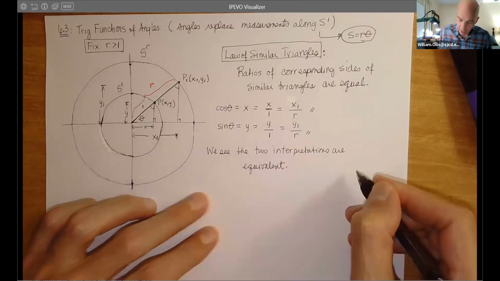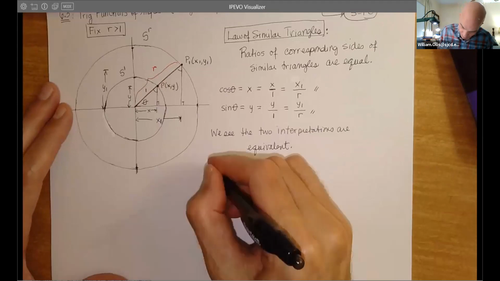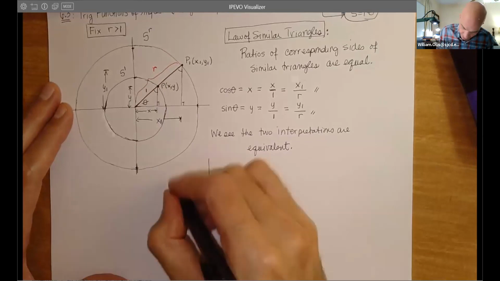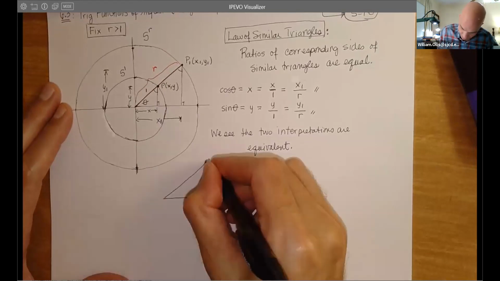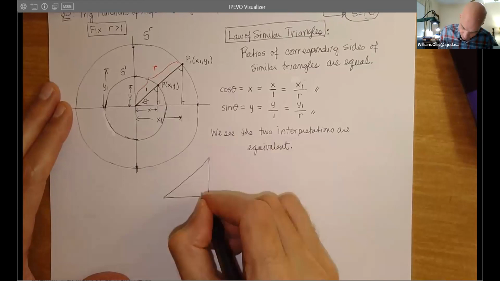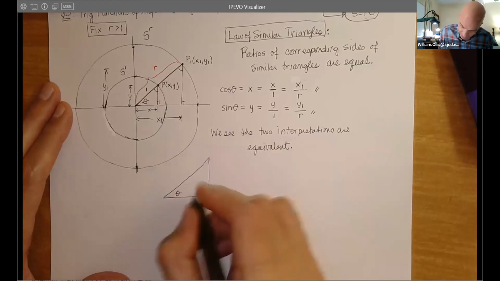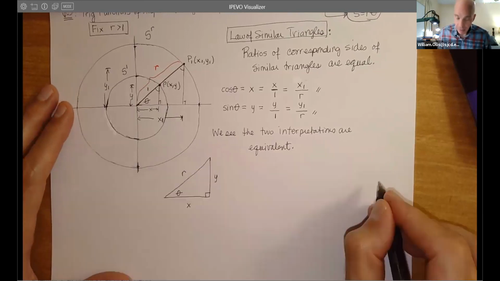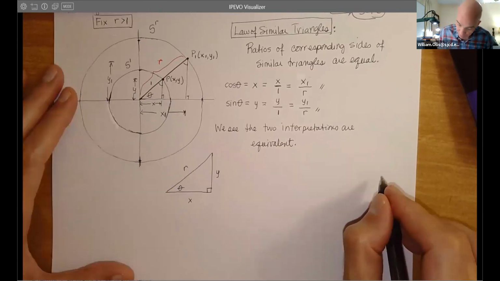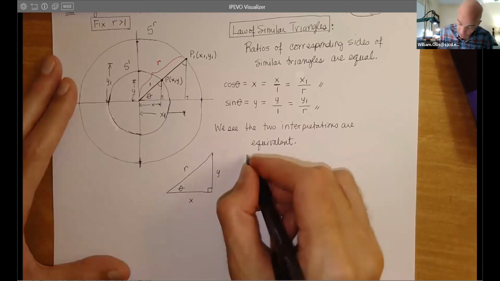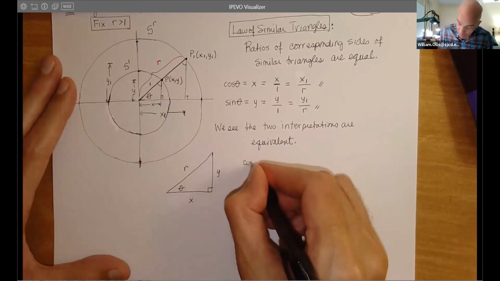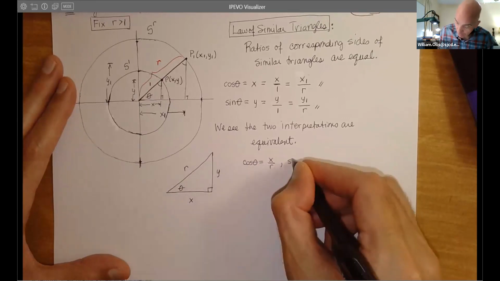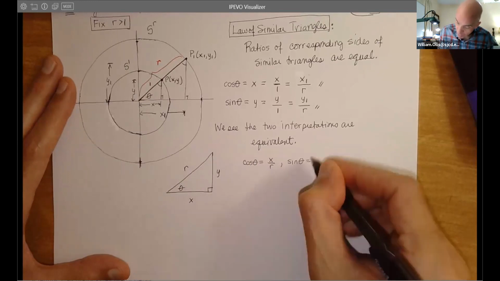So now you can think of any right triangle, theta, adjacent side x, opposite side y, and hypotenuse r, and we're good to go. So now we could say cosine theta equals x over r, sine theta equals y over r, etc.